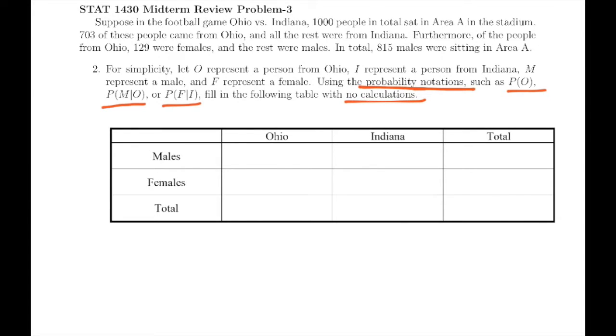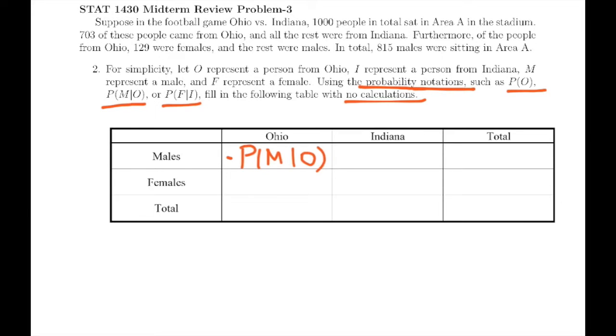Firstly, we look at this first box here. This means the probability of a male from Ohio. So we are going to write P(M given O).